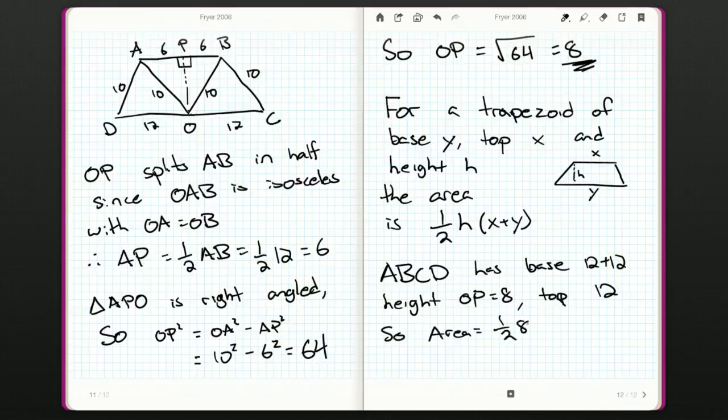So the area is going to be 1/2 times 8 times 12 plus 24. So that's going to be 4 times 36. That's going to be 144. Put a little box around that. So excellent. We have the area of ABCD.